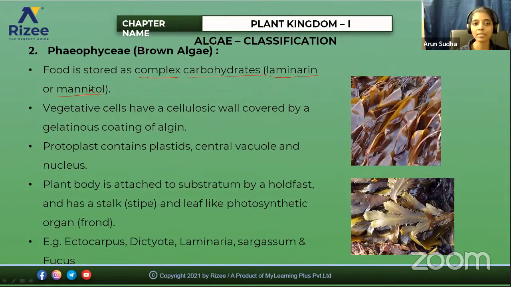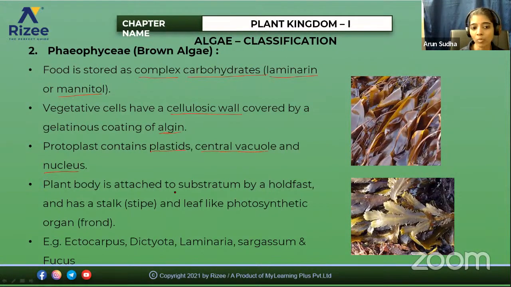The vegetative cells have a cellulosic wall which is covered by a gelatinous coating of algae. There we saw the pectose layer, and here they have a cellulosic wall covered by a gelatinous coating of algae. The protoplast contains plastids, central vacuole, and nucleus.